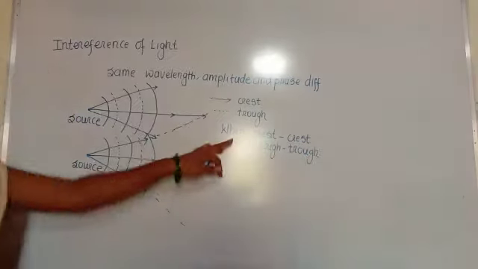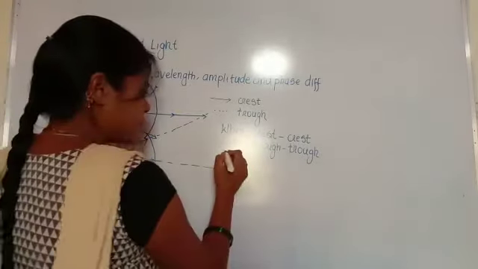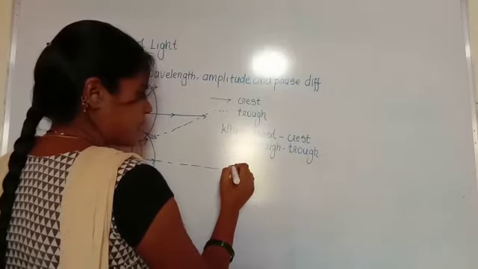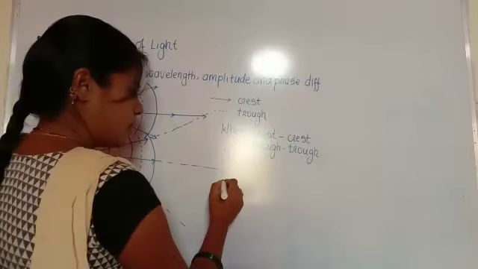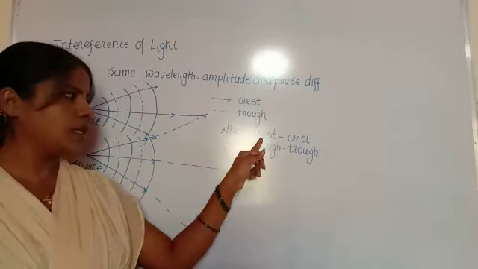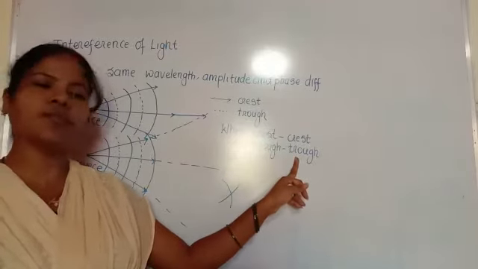So what condition is observed? The crest of one wave falls on the crest of the other, that is, there is an interference of crest and crest, or trough and trough: the crest of one wave falling on the crest of the other wave, or the trough of one wave falling on the trough of the other wave.